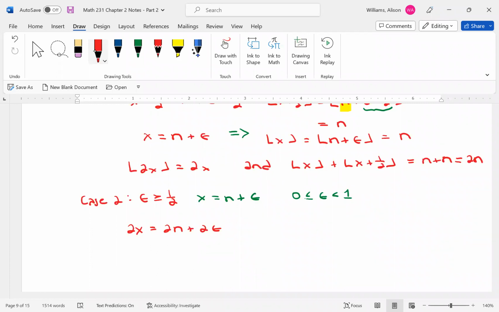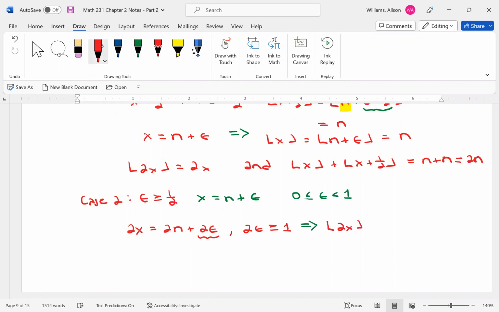Since epsilon is bigger than 1/2, this thing is going to be bigger than or equal to 1. Which means this is going to bump up the floor function.